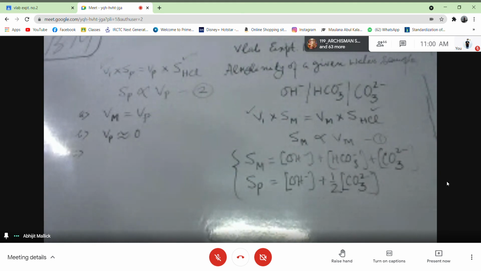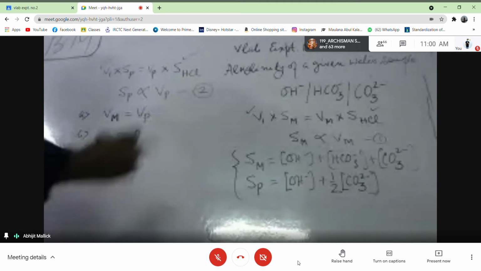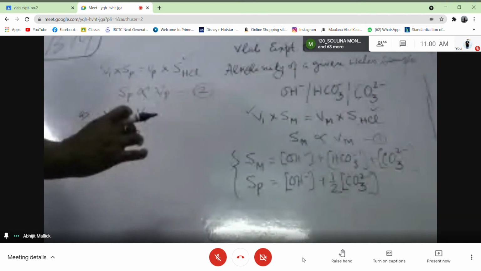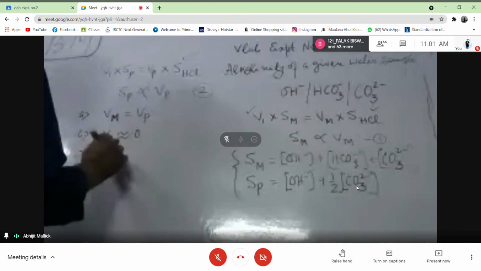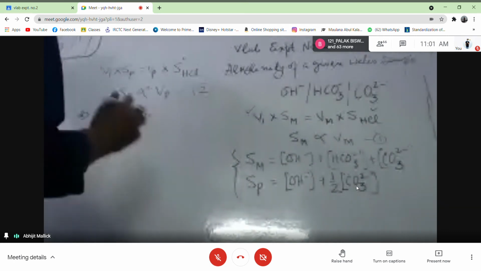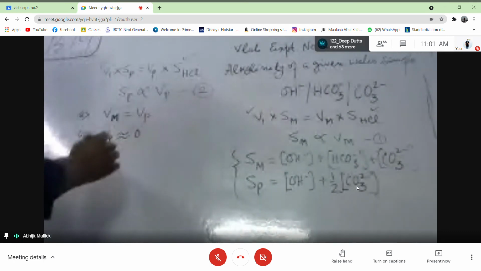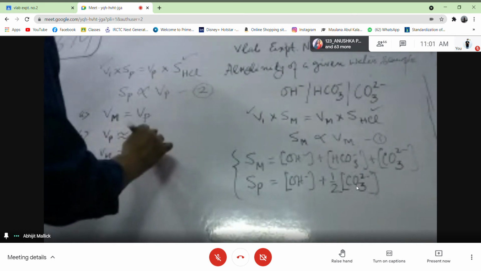SM is greater than SP. So what is the relation? SP equals half of SM. Okay, so SM is equal to 2SP, right? Yes. That means using equation 1 and 2 we can write VM is equal to 2VP.